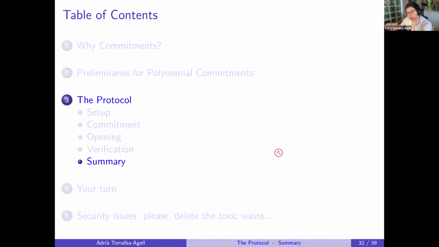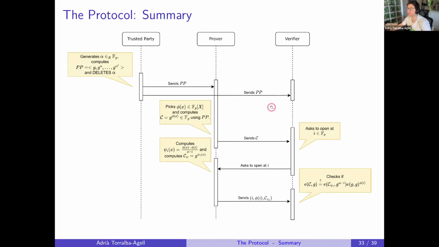Now, the summary of all this protocol. I know that this is a lot, but I hope that this will help. In this protocol, we have 3 actors: a trusted party, a prover, and a verifier. And we have 4 phases.